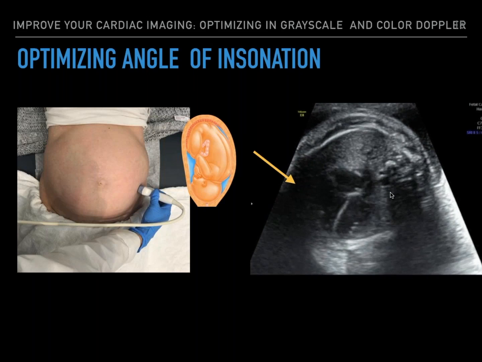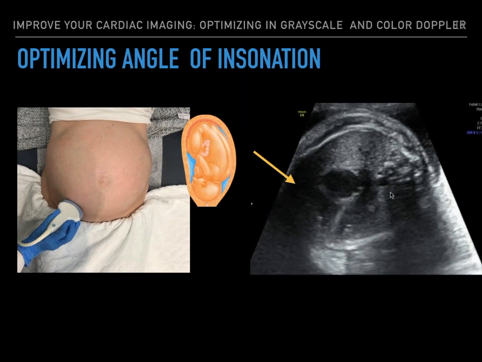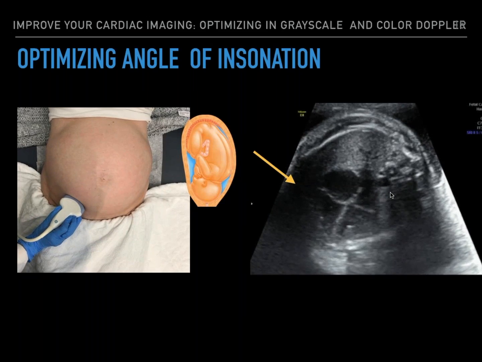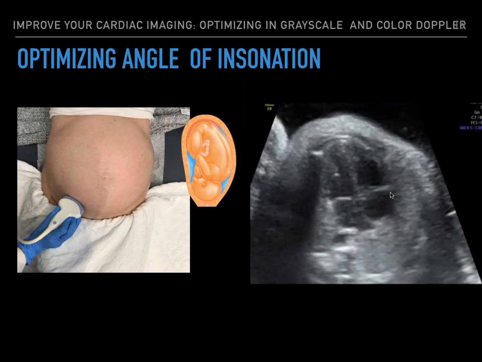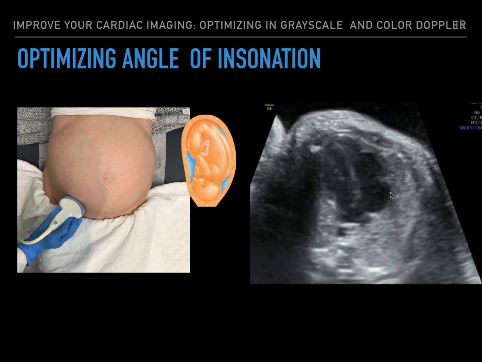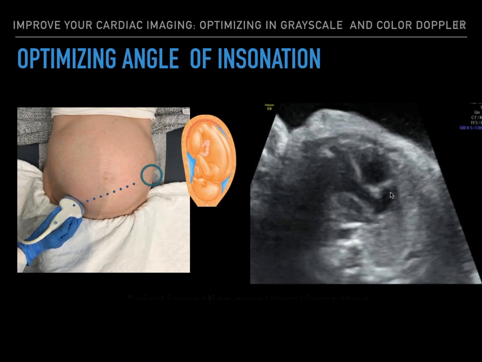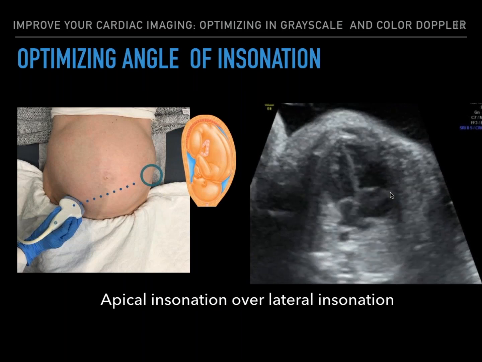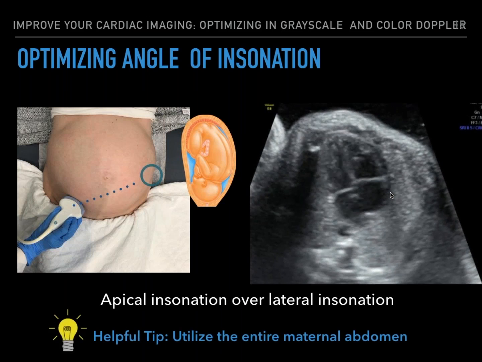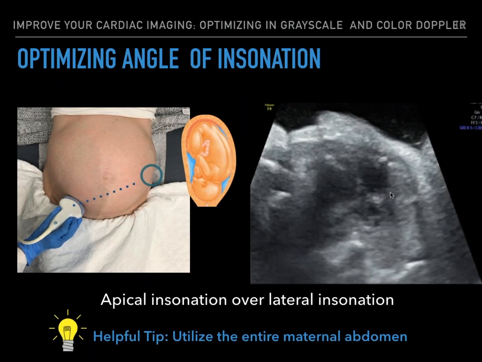A helpful technique is to move your transducer to the opposite side of the uterus to get an apical insonation of the heart. And here we can see the heart better. So, choose an apical insonation over a lateral insonation. Again, this just comes down to a helpful tip: you want to utilize the entire maternal abdomen.